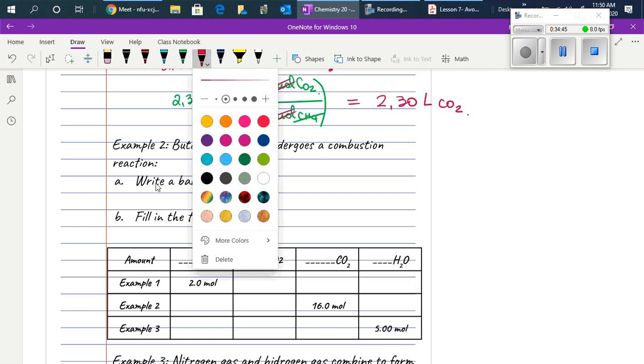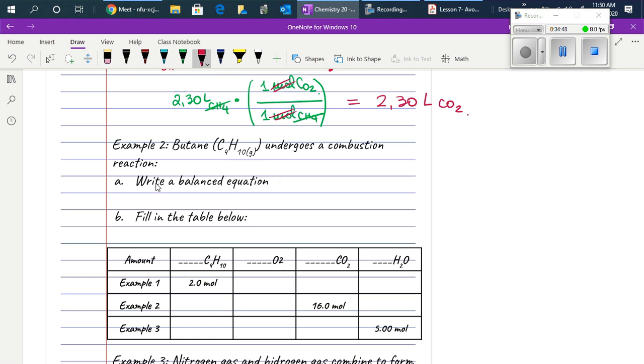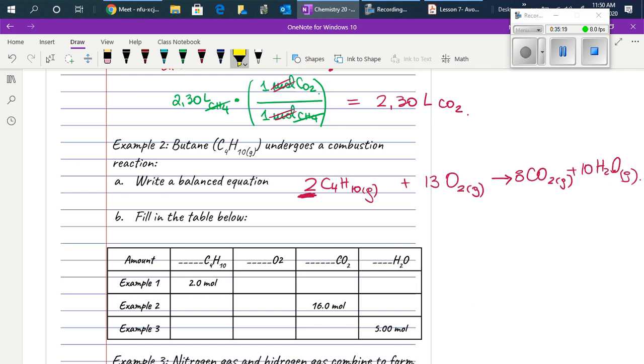You can check and see if it is balanced, but this is what I have: 2C4H10 gas plus 13O2 gas will produce 8CO2 gas plus 10H2O gas. And now see the coefficients are 2, 13, 8, and 10.